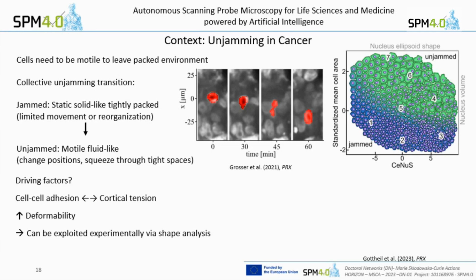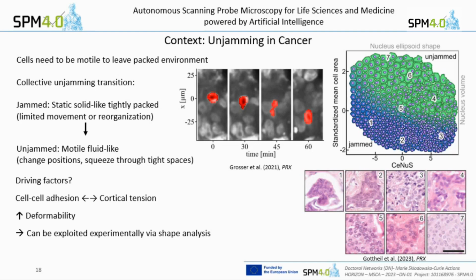He created this really nice phase diagram. On one axis we have the standardized mean cell area, which is basically the inverse density of your system. And there you have some kind of shape parameter, with basically cell and nucleus shape. Depending on the shape and the density, you can derive if it's jammed or unjammed. So here are some examples from breast cancer he analyzed in the paper.